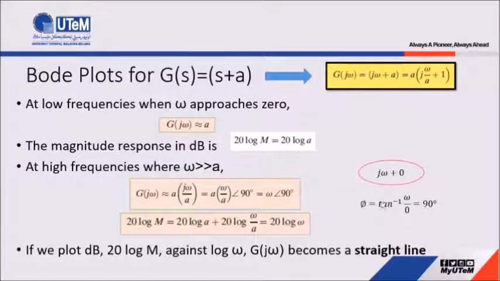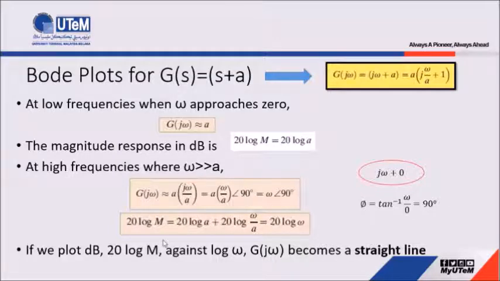For the phase response, when the real part is equal to 0, we can calculate the phase using the inverse tangent of the imaginary part, omega, divided by the real part, 0. When omega is divided by 0, this becomes infinity. So inverse tangent of infinity becomes 90 degrees.